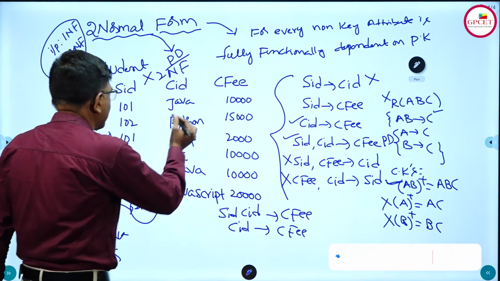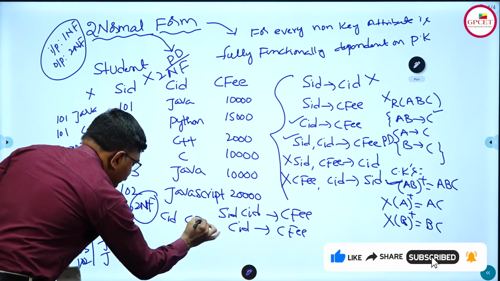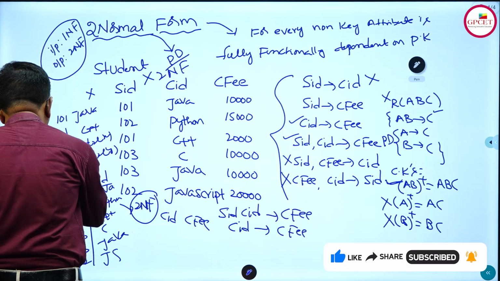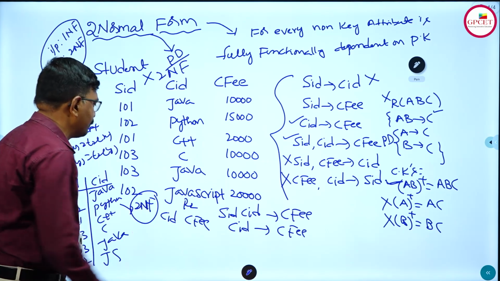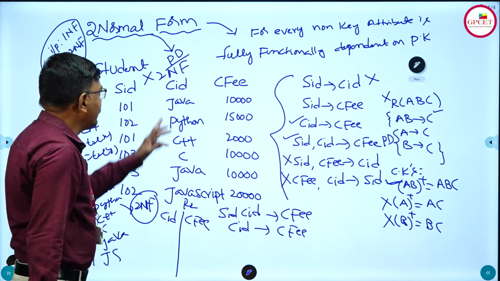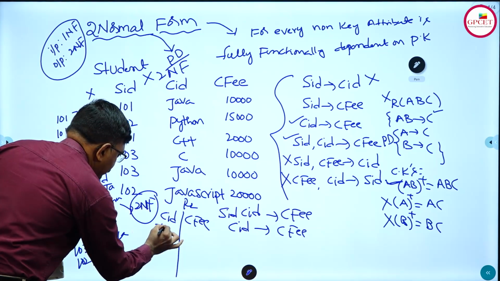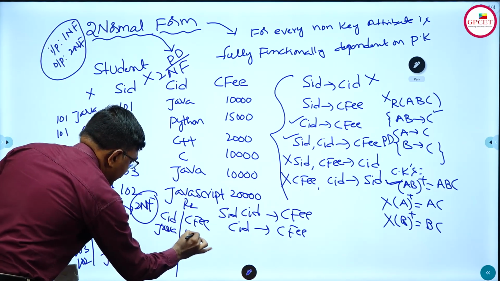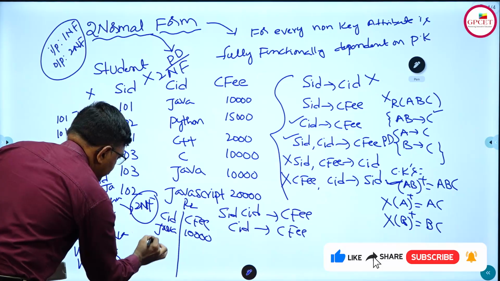Whereas the second relation is CID tends to course fee. That is relation R1, and you can decompose into two relations, first R1 and second R2. What is CID tends to course fee? Java 10,000. Java 10,000 appears two times, so simply we can write Java 10,000. Next Python 15,000.